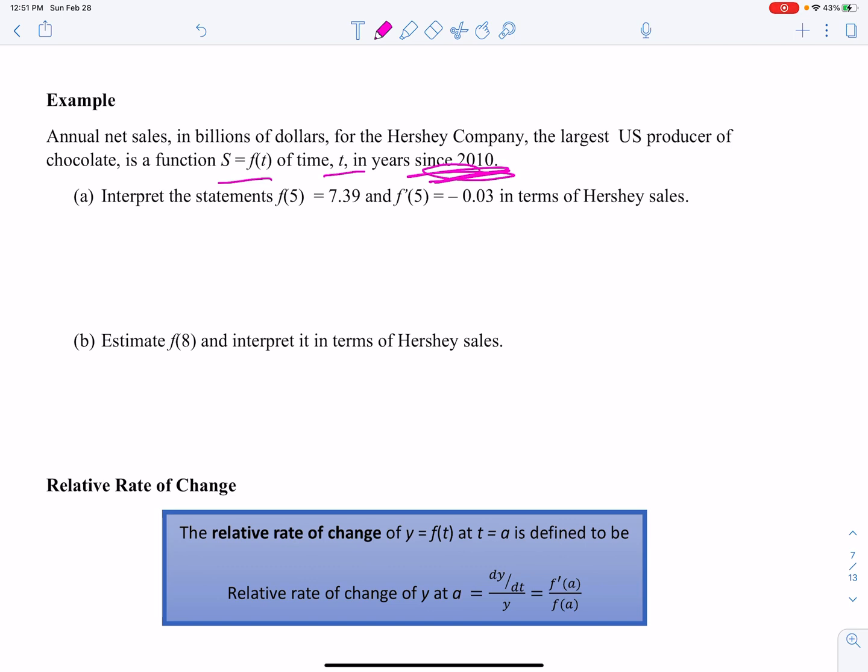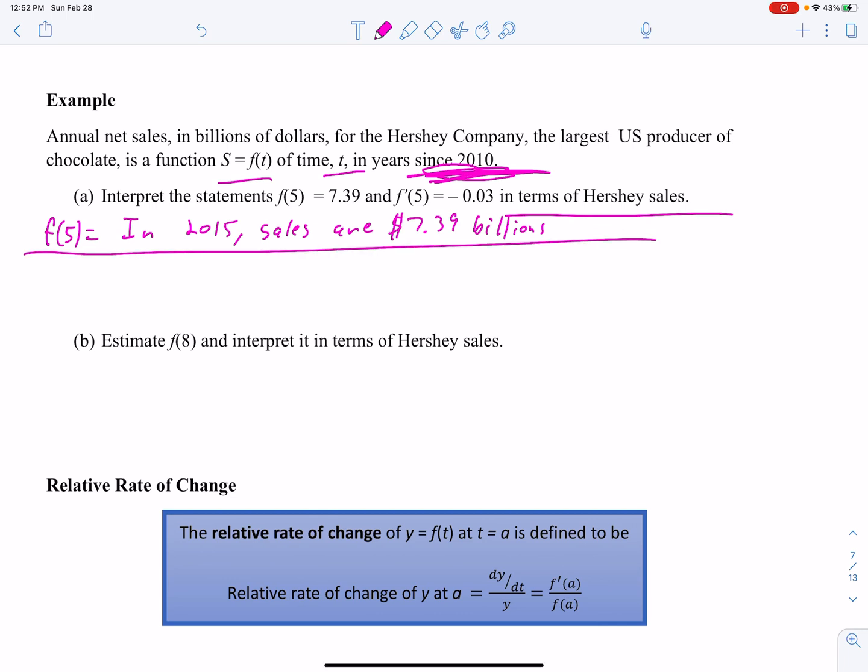Interpret the statements f of 5 equals 7.39 and f prime of 5 equals negative 0.03 in terms of Hershey sales. f of 5 means in 2015, because 5 years since 2010 is 2015, sales are 7.39, and we need units, billions of dollars. Boy, I'm in the wrong business, aren't I? That's okay. I love this more than chocolate, I promise.